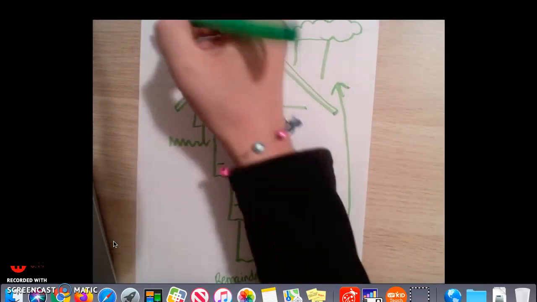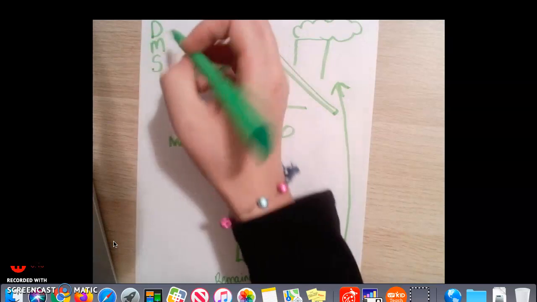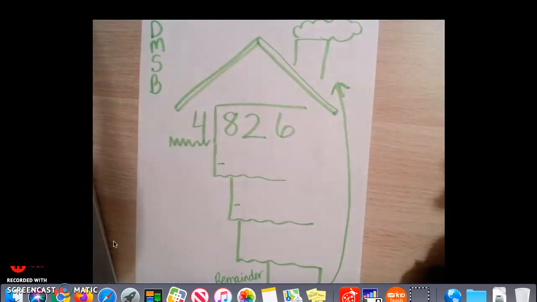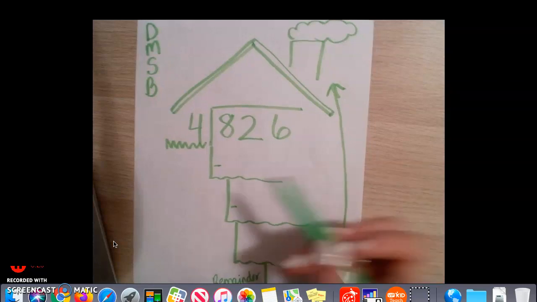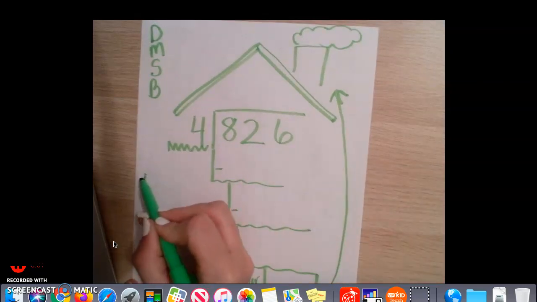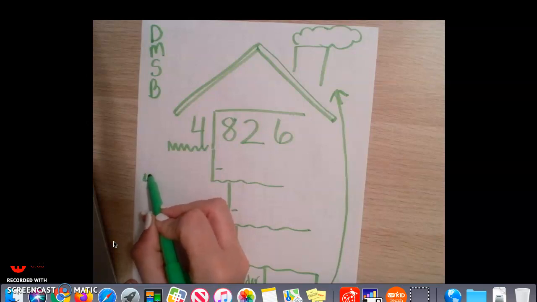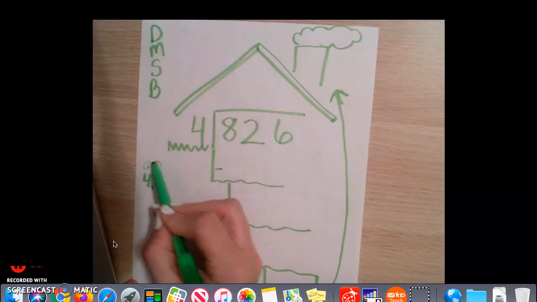Now, I'm also going to write divide, multiply, subtract, bring down. So my first step is to divide. So 4 goes into 8 how many times? 4, 8, oh, it goes in perfectly, 2 times.